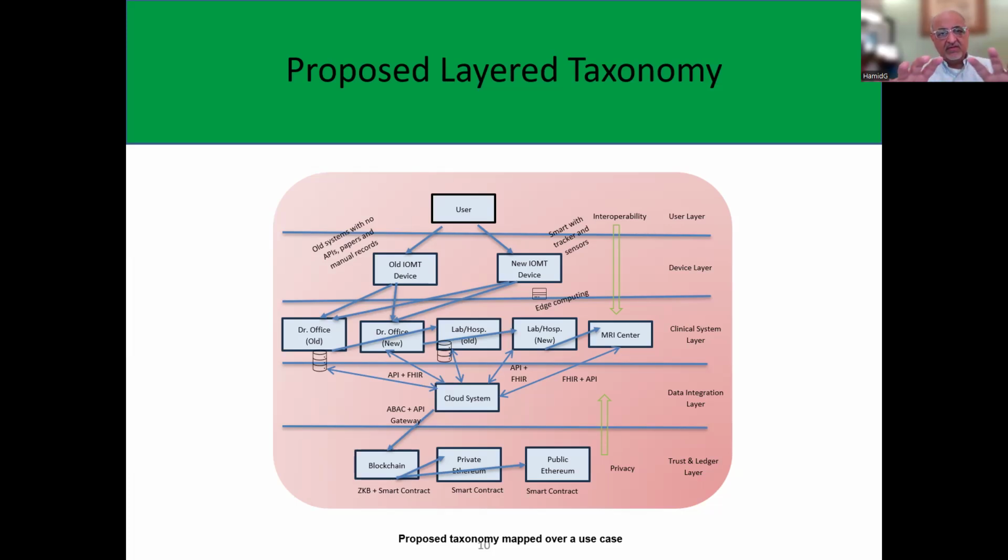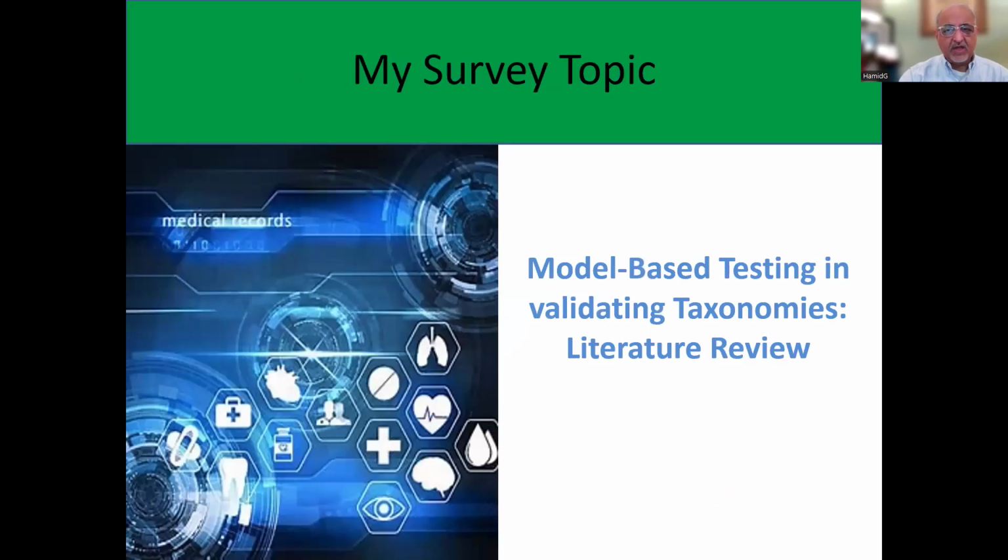Because this is an ecosystem of a digital twin. Although you have to interject a lot of AI into it, at the simplest level this is really a total system. So the topic of this survey is model-based testing in validating taxonomy.